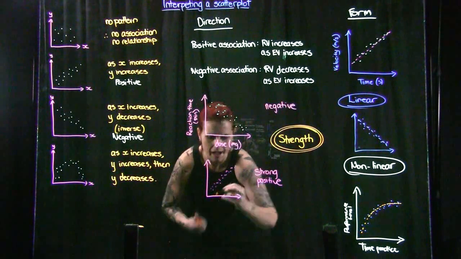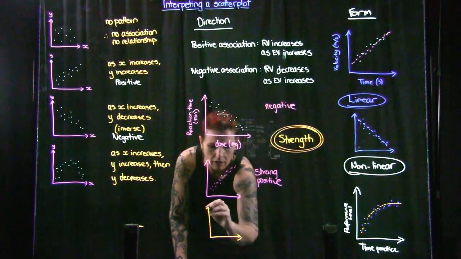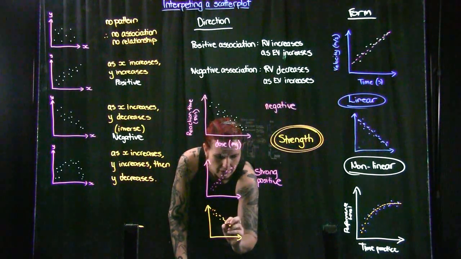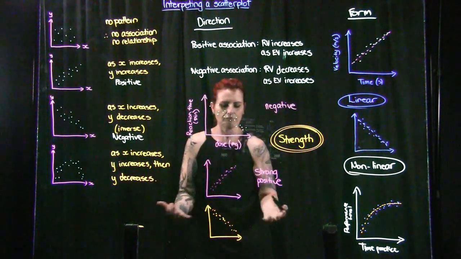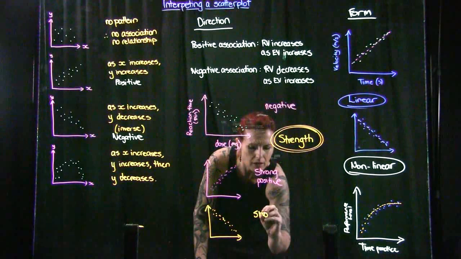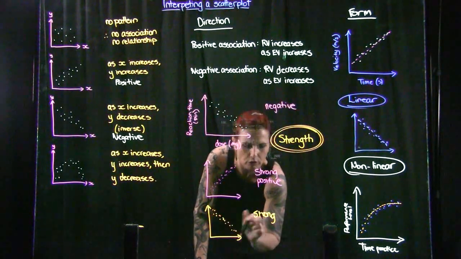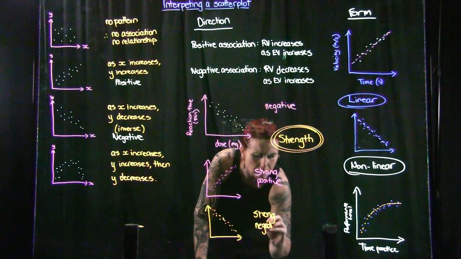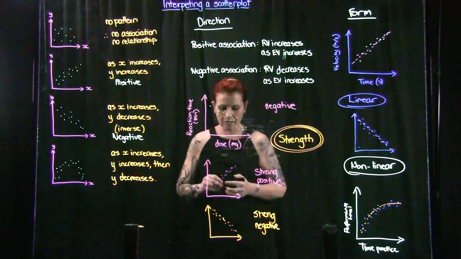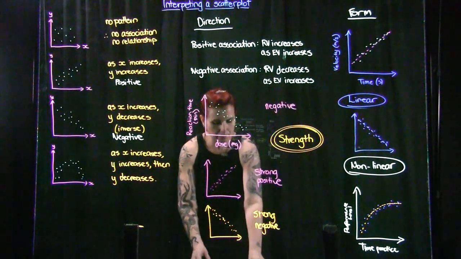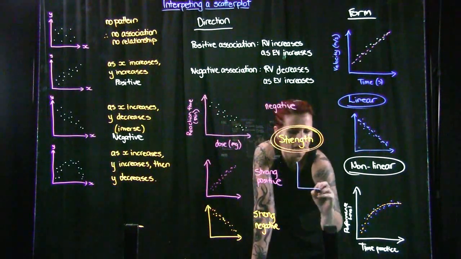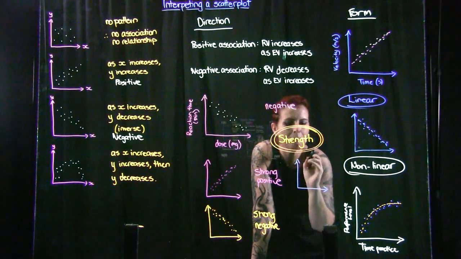So I could also have a strong negative, and it would look like this. Again, strong association because the data points are so close together. Negative because of the direction. Okay, but what I can also do, and again it could be negative or positive, is I can have a moderate.